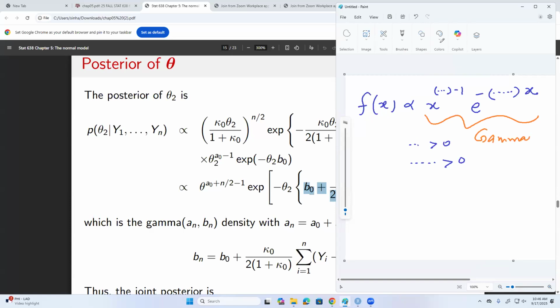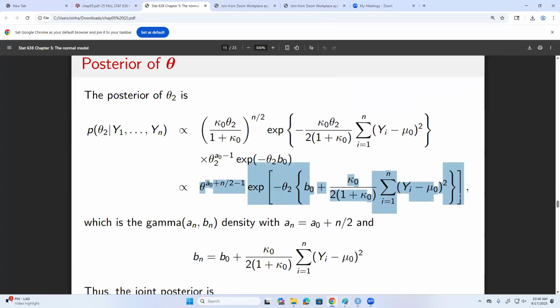So you clearly identify that this is a gamma density function.